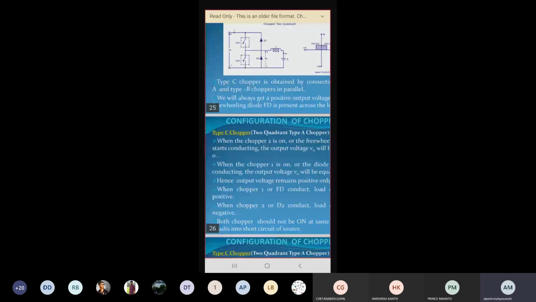Now we assume that chopper 1 is on or diode D2 starts conducting. We are making chopper 1 on or we are making diode D2 conducting. So at that time the output voltage will be equal to Vs, that is the source voltage.